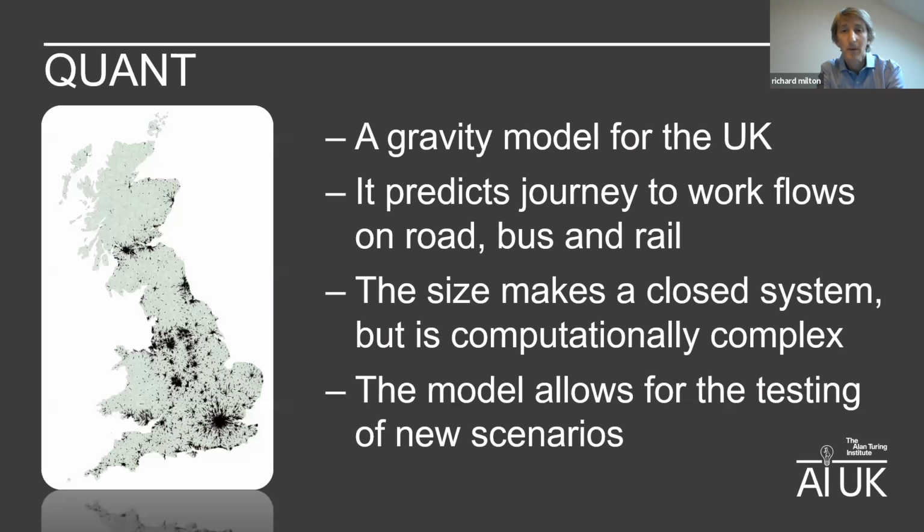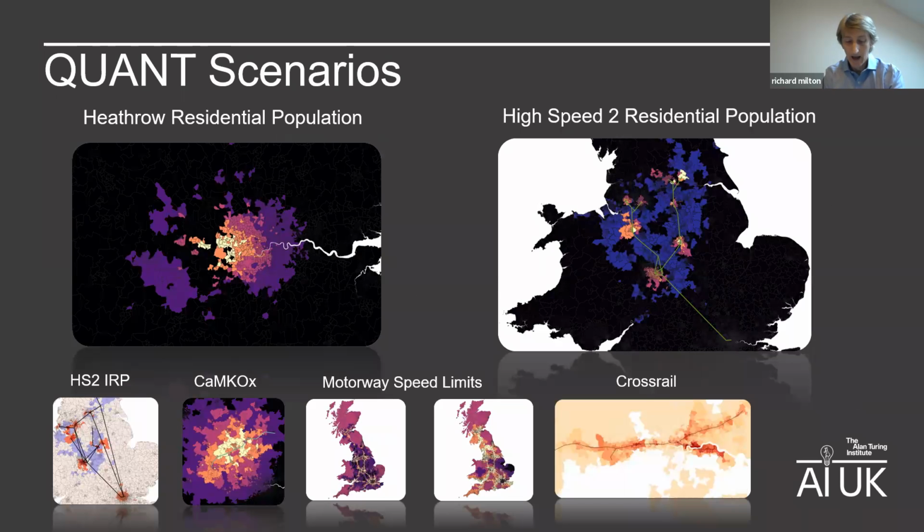Now, the reason for making the model is that it allows us to do scenarios. Quant can do 2 types of scenario. We can either do an employment scenario, as you see here with the Heathrow residential population, or we can do a network scenario, which is high-speed rail too. Employment scenarios, we just increase the number of jobs in the zones.